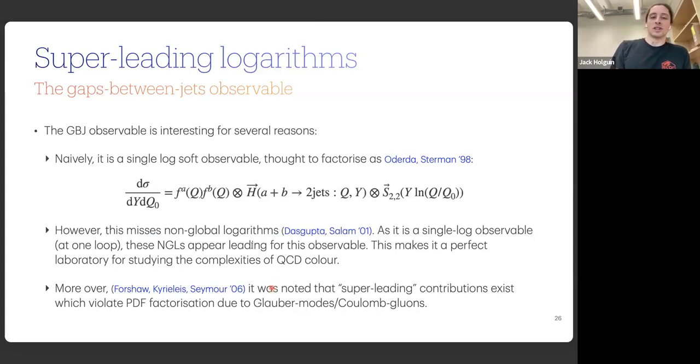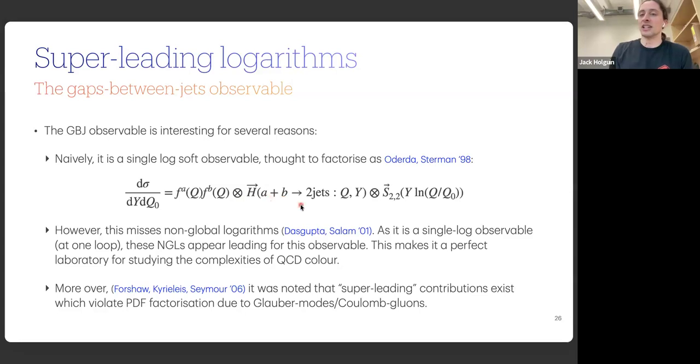Now, this observable was thought to factorize in a very simple form by Oderda and Sterman in 1998, and it has this very simple form here, which again is PDF factorization times what's known as the perturbative cross section, which was sigma hat before, which has now been refactorized into a hard function.